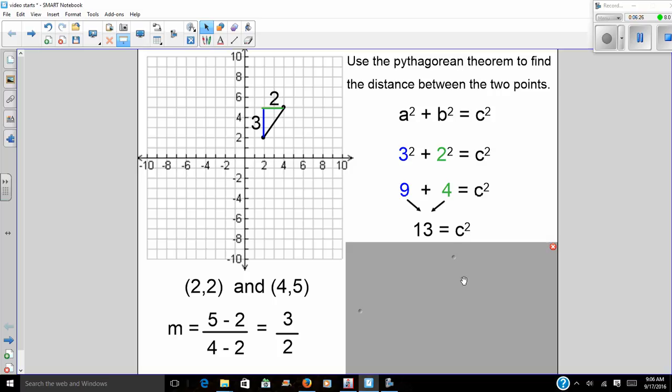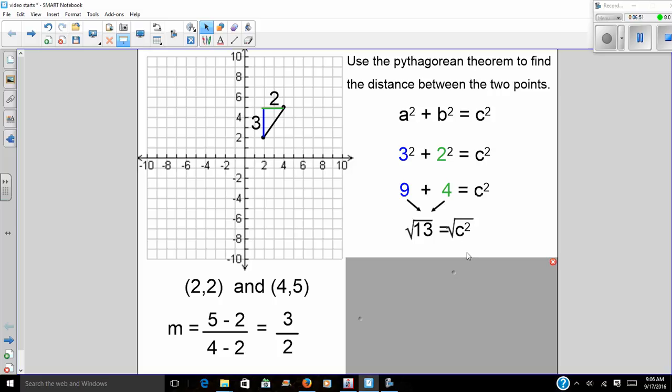And the only way to get c alone without the exponent 2 is to take the square root of c squared. So if I were to take the square root of both of these, add that square root there, add the square root there, I am still maintaining balance on the equation because I have done the same thing to both sides. This is kind of an interesting little trick.